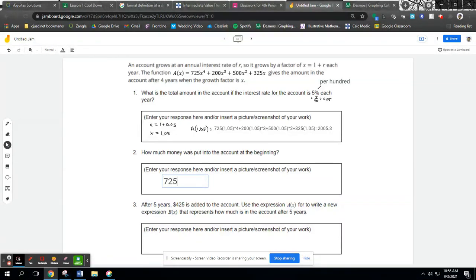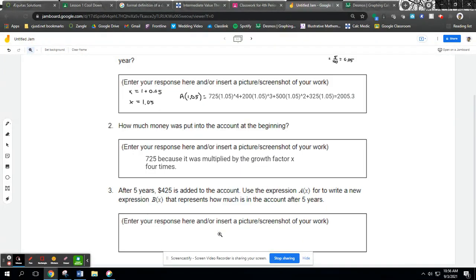So that's 725, because it was multiplied by the growth factor 4 times. The one that had the highest exponent was in that account for the longest.